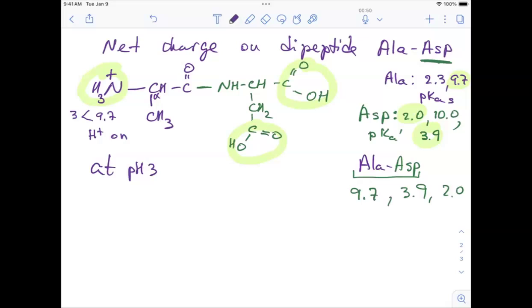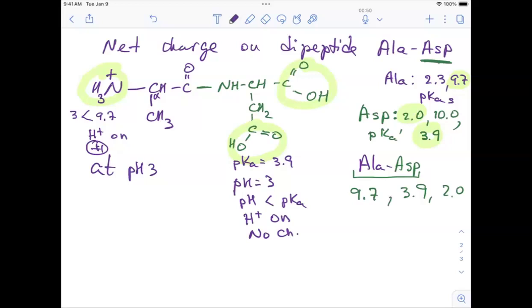Then at the next one, pKa equals 3.9, pH equals 3. pH is, again, less than pKa. So when pH is lower than pKa, H plus is on, and the net charge is no charge, whereas here there was a positive charge, +1.